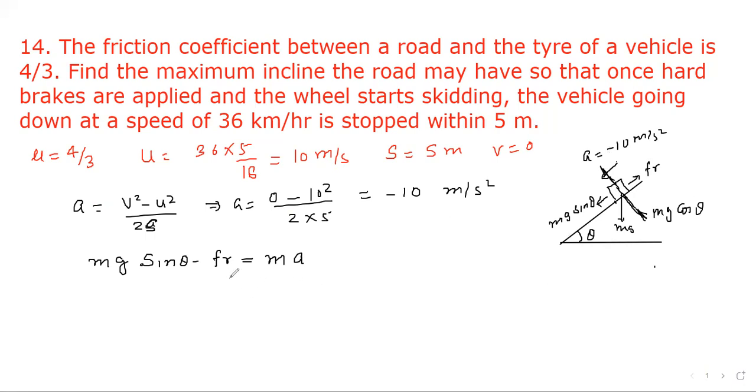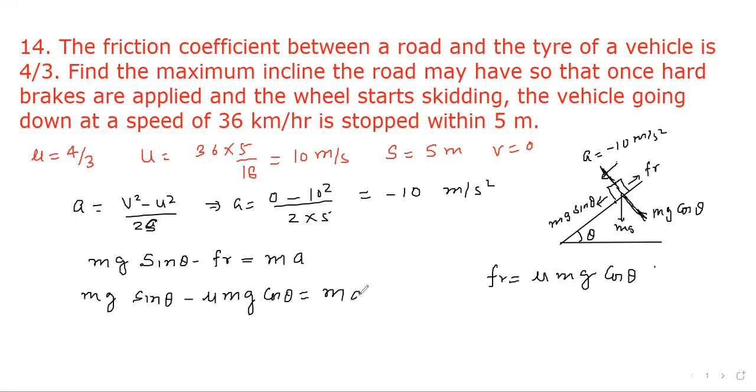So we can put the value of friction. Friction is given by mu mg cos theta. So mg sine theta minus mu mg cos theta equal to ma. We can divide each term by m.